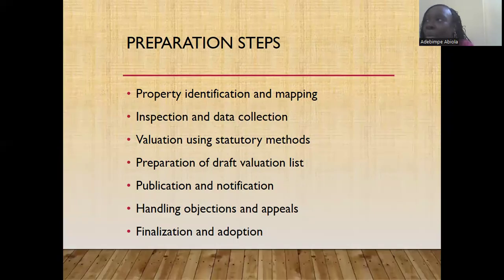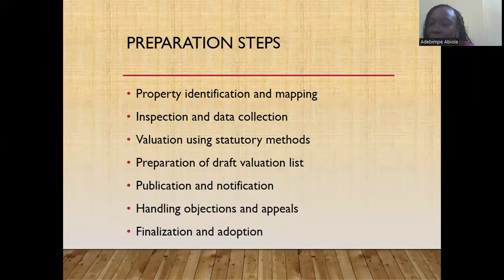It might not be the final one, but you have to come up with a draft of how the valuation list should look or what it should entail. Then you can now go ahead with your notification.